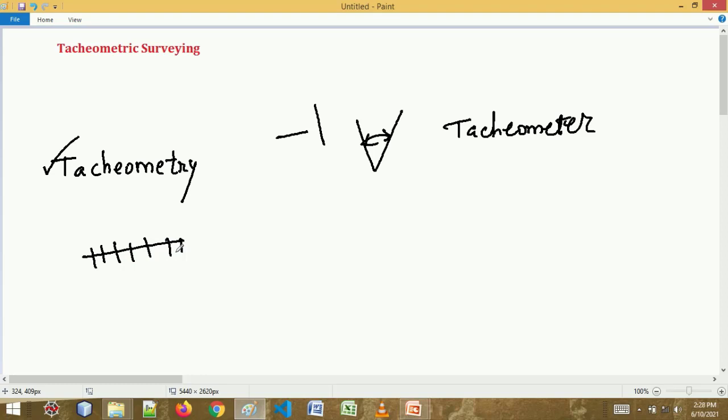Tachyometric surveying is adopted in rough and difficult terrain where direct leveling and chaining are either not possible or are very tedious. So in rough terrain or in hilly areas where direct leveling and chaining are very difficult, in these type of conditions we use tachyometric surveying.